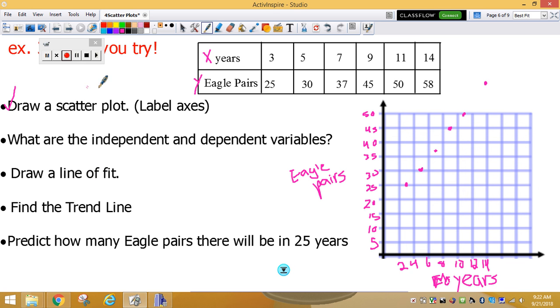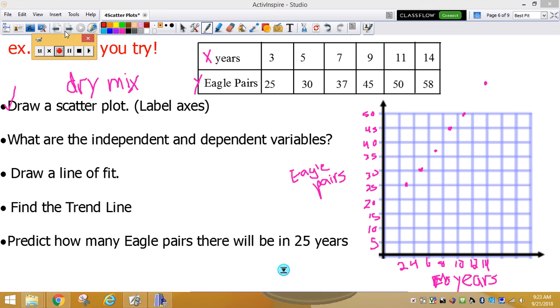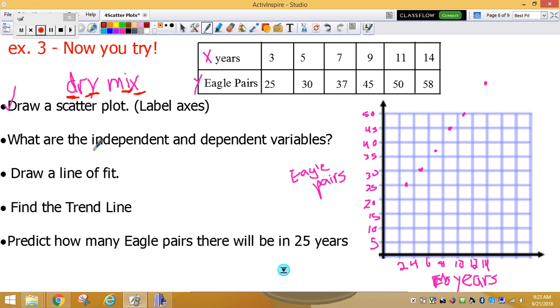Okay, again, here's how I remember it. There's this phrase called DRY MIX. So what this phrase tells you, if you can remember it, is that the dependent is the y and the independent is the x. So first up it says independent.